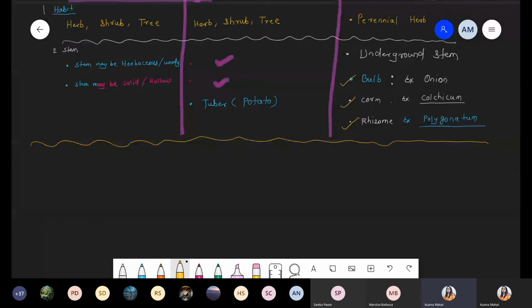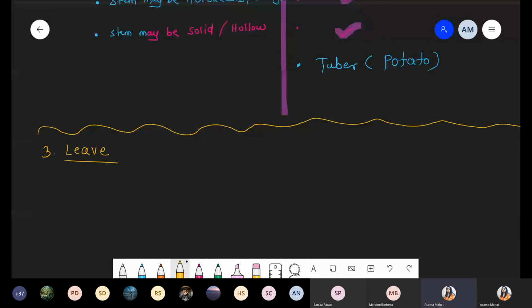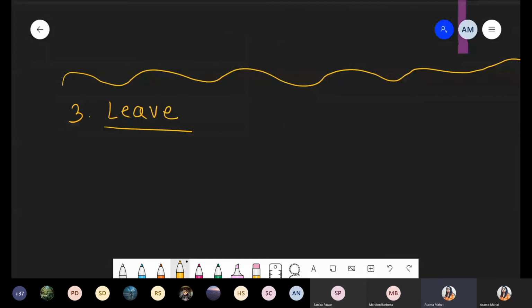Now, the third part, that is leaf. Leaves, not leaf, we are taking many leaves. In the case of these leaves, there is a presence of reticulate venation. What is the meaning of reticulate venation?